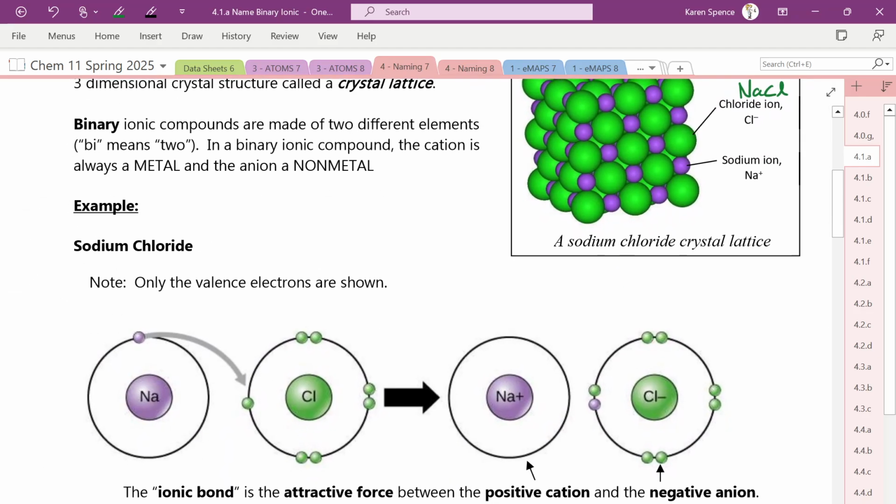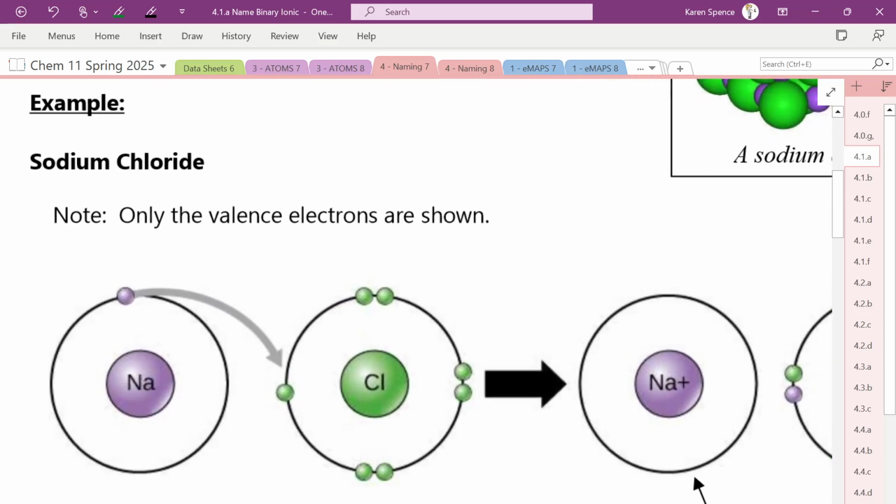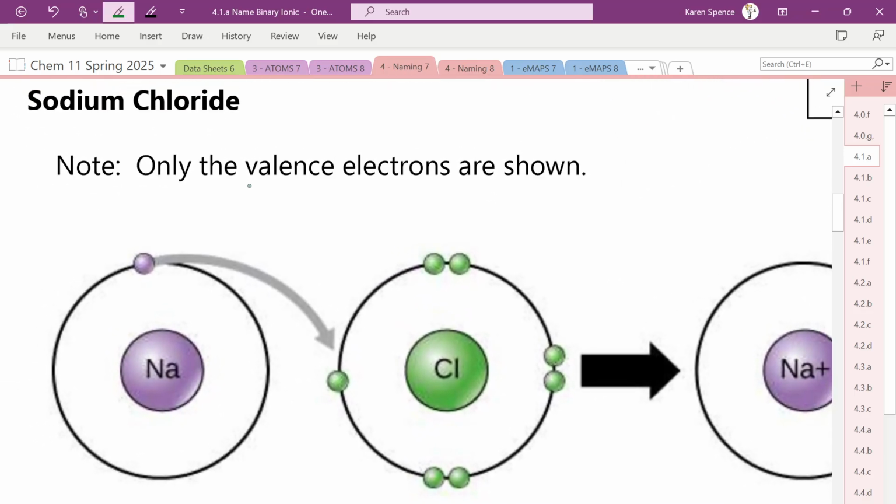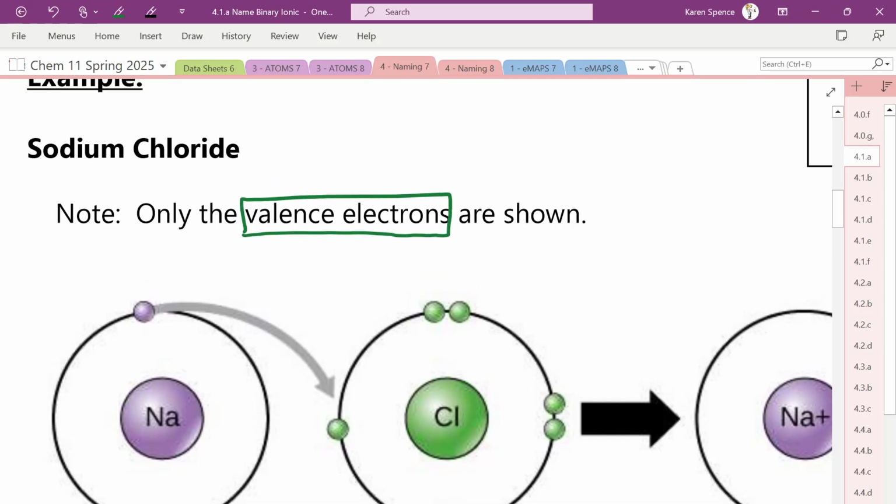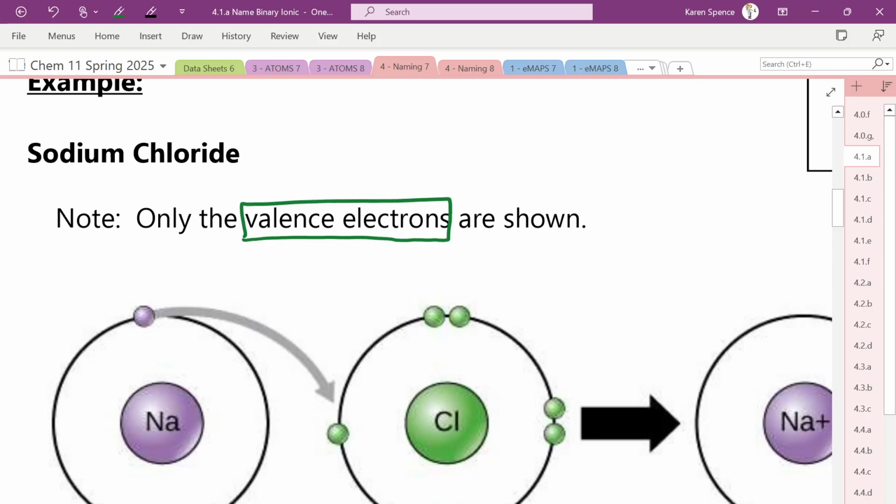Now, how do these things form? We are showing only the valence electrons. Does anyone remember what a valence electron is? It's an electron on the outermost shell.